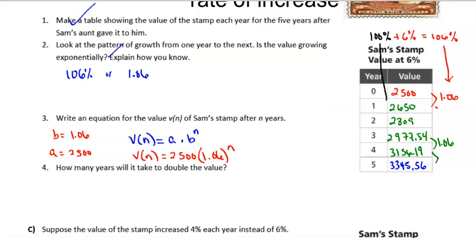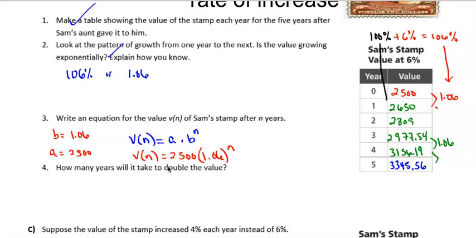Now moving on. Once you establish your equation, the next two questions I'm either going to give you the n and ask you for V of n, or I give you V of n and ask you for n. So I either give you the input and you solve for the output, or vice versa. All right, so let's see what this next question asks.